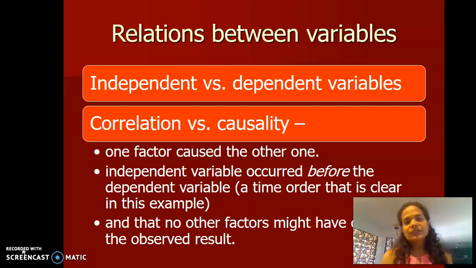Now, in any science, you have to understand the relations between variables. You have independent and dependent variables. The independent variable causes changes in the dependent variable. So for instance, levels of education may be the independent variable, and that has an impact on the variable of support for same-sex marriage.